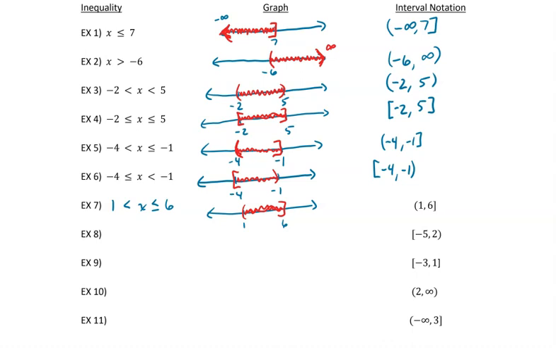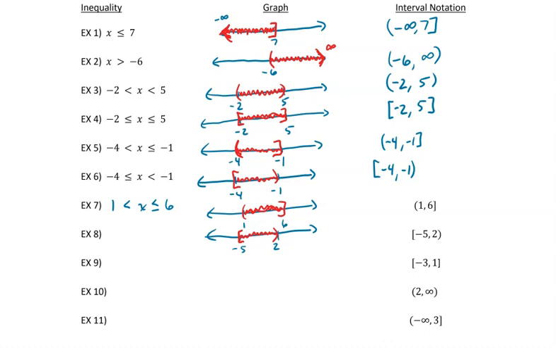All right, let's try another one. So for example 8, we have -5 and 2. Again, it's this interval in between with a bracket on the -5 and a parentheses on the 2.